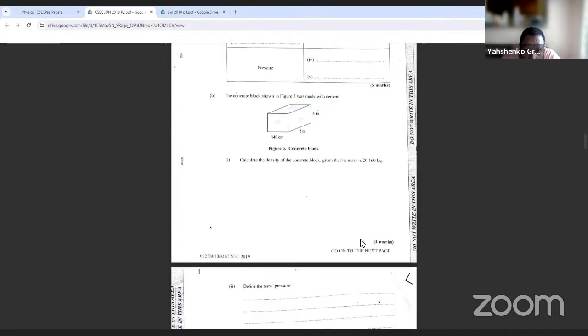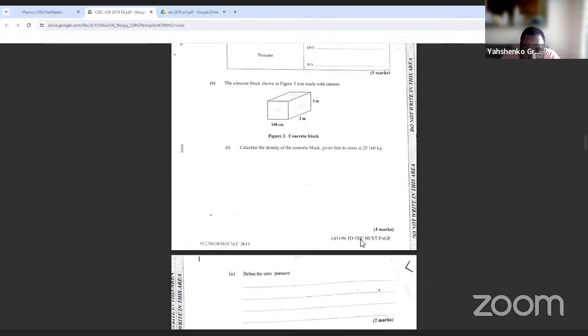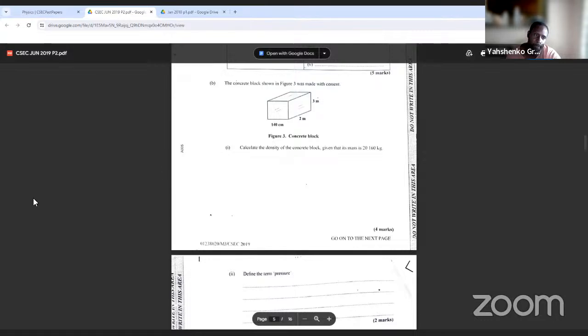The concrete block, it was made of cement. Calculate the density of the block given that the mass is 20,160 kilograms. So please remember that density, rho, is mass per unit volume, which is equal to 20,160 kilogram divided by the volume, which is 1.4 times 2 times 3 meter cubed.